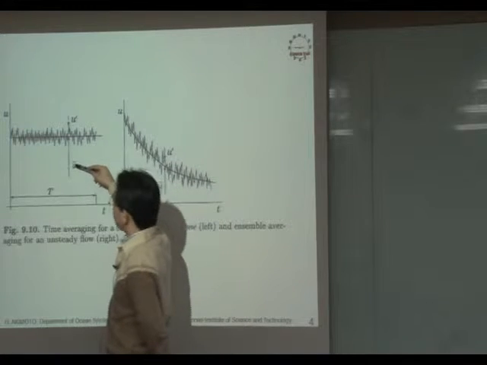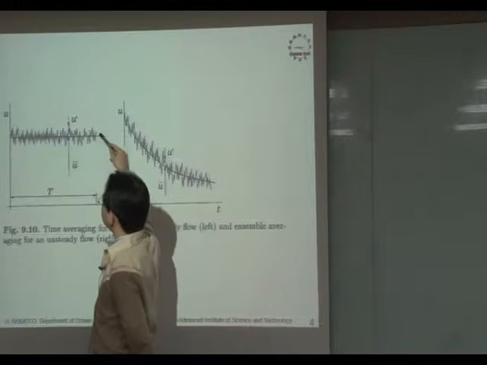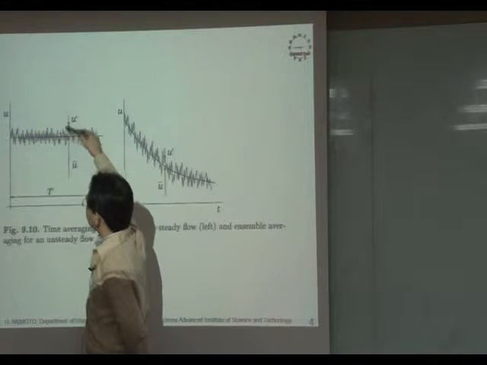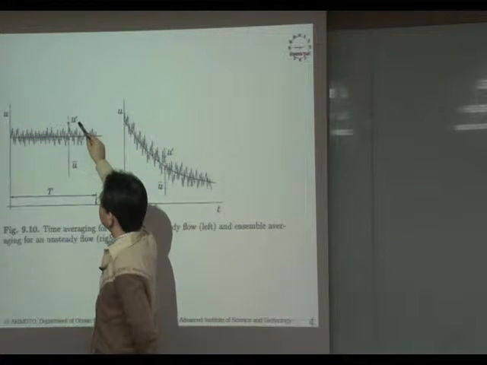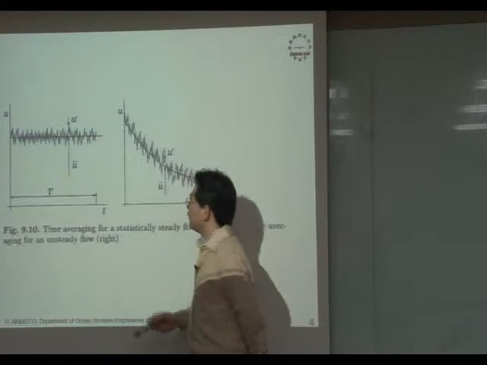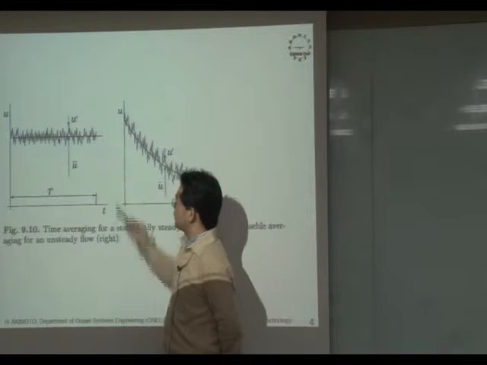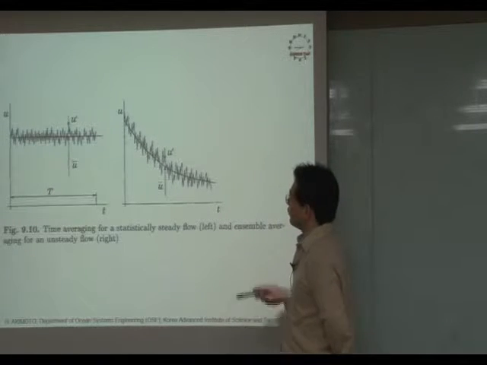So U bar indicates the mean value of this fluctuation, and the remaining small amplitude fluctuation is called U prime. This is for the steady turbulent flow case. And there is another situation.